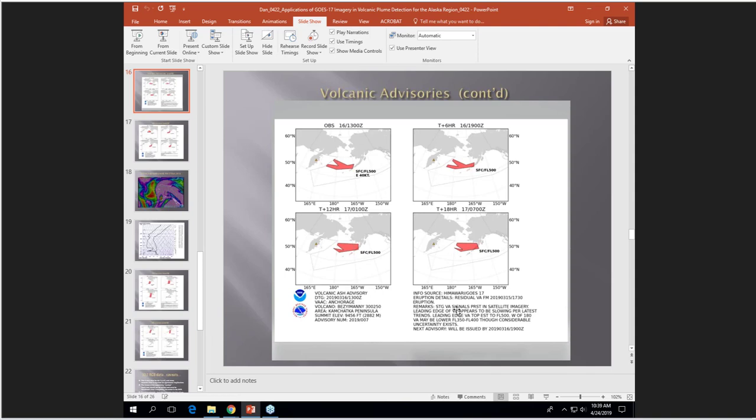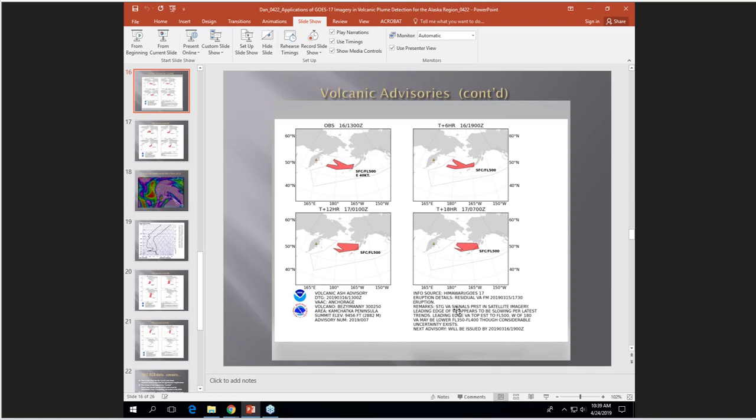Having that on Windows while you're looking at AWIPS kind of adds a step, and it's not ideal. But I would say that the alert feature that Mike provides is currently important operationally in our VAAC here. Okay, great, thanks.